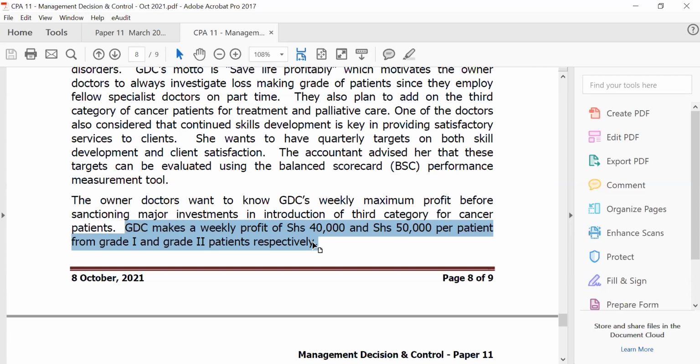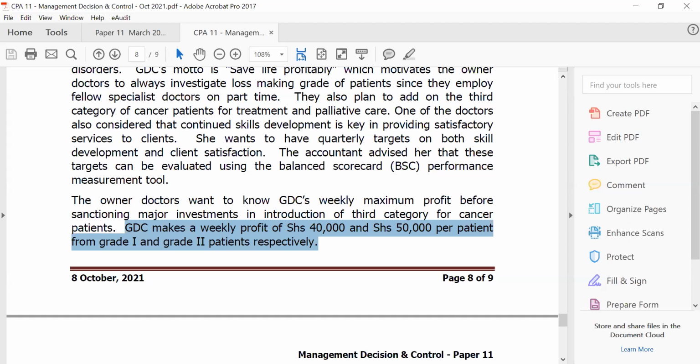Now this is what I'm going to use to write my objective function, okay? Like I said, whatever objective we have here is to maximize profits. So we want to see what combination of grade 1 and grade 2 patients gives us a maximum weekly profit. So that's what we are going to do.